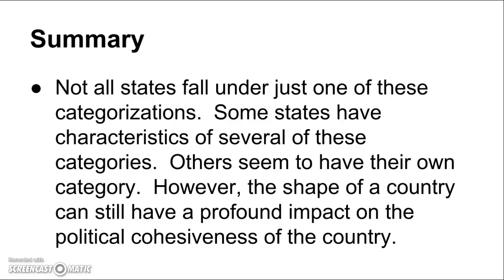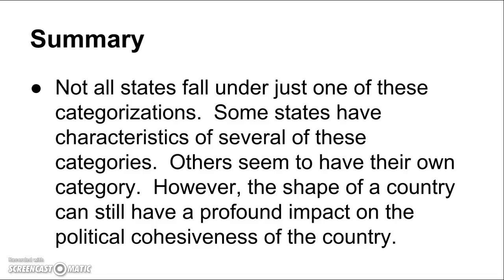on the back of the sheet that you did the previous exercise on, I want you to pick a country and describe how the shape of it could impact the political cohesiveness of the country, and examples of what categories you think it falls under, and then kind of why you think it is.